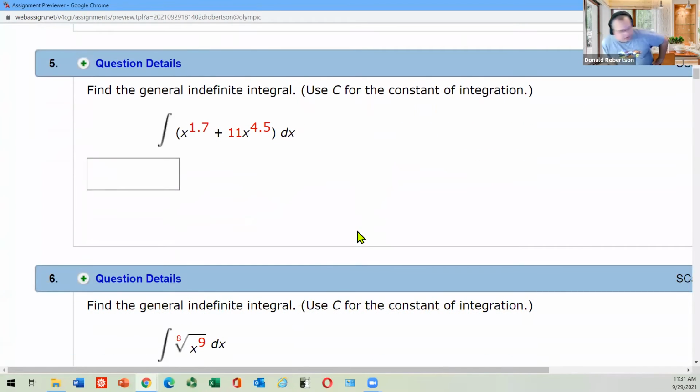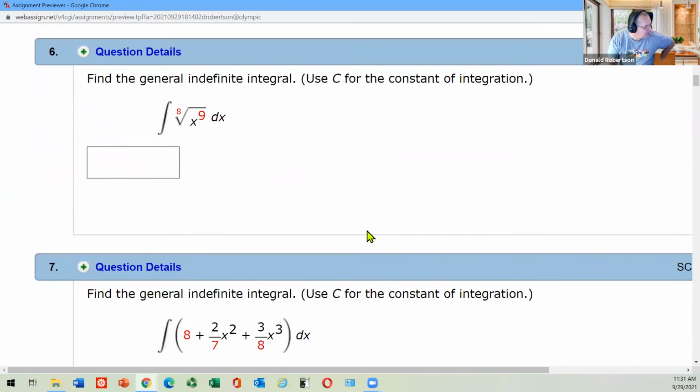Question 5 looks horrendous. It's just actually nice. It just doesn't look nice. Isn't it just the power rule, but with ugly powers? So don't expect your answer to look pretty because it won't. What fractional power is question 6? X to the power of 9/8.